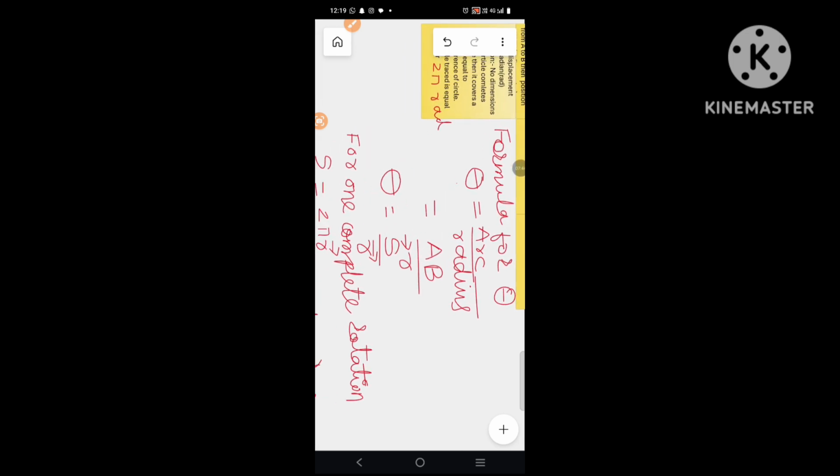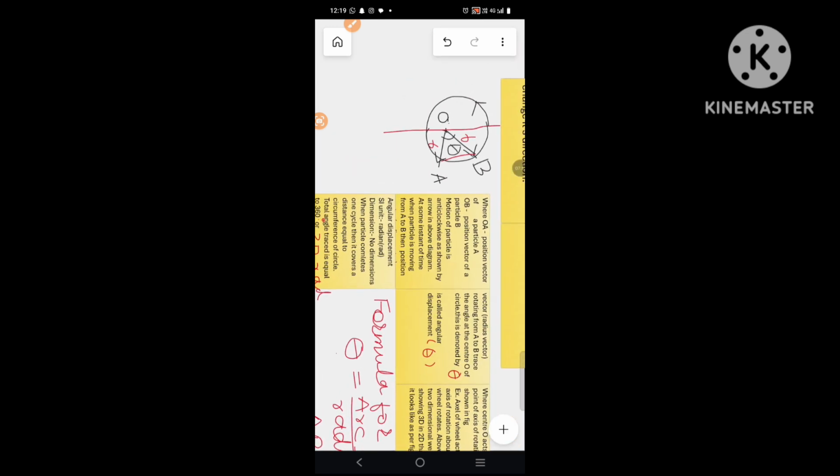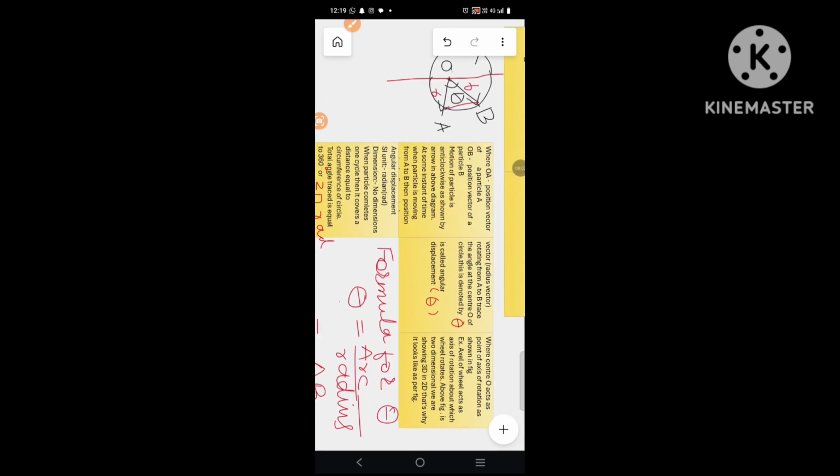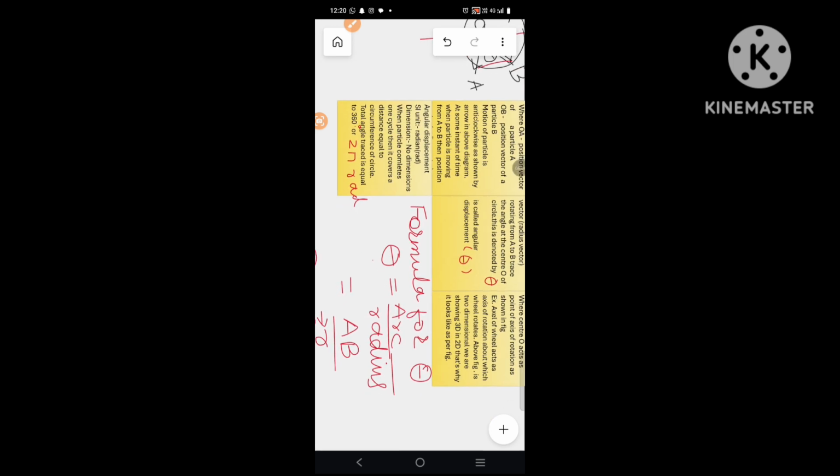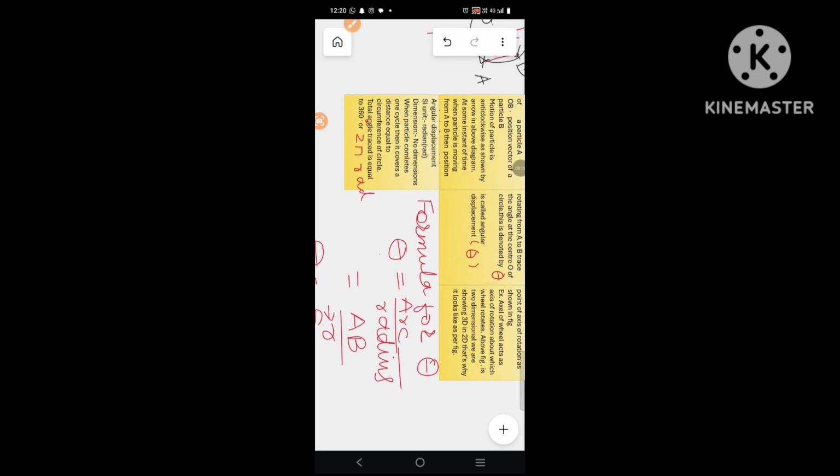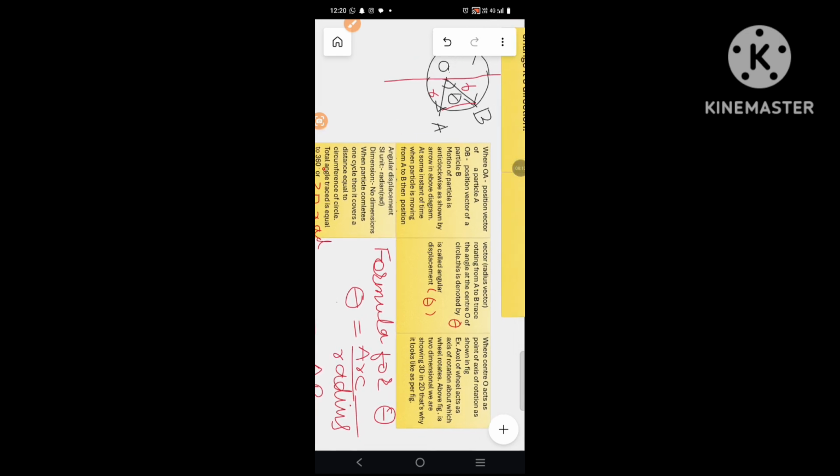Here theta is a vector quantity. The arc is nothing but the small linear displacement AB. We write the arc in the numerator and radius in the denominator. Why?